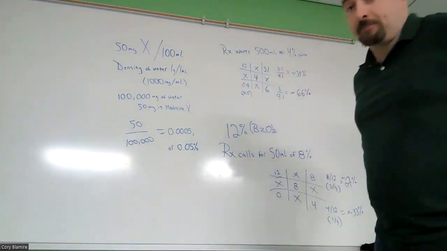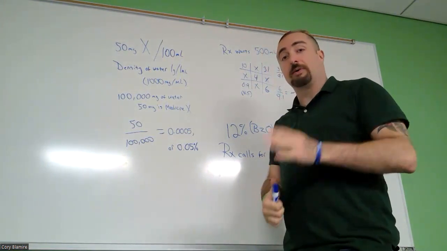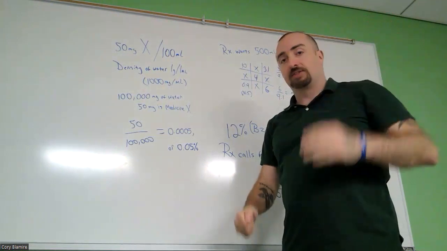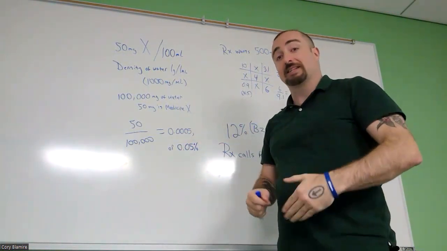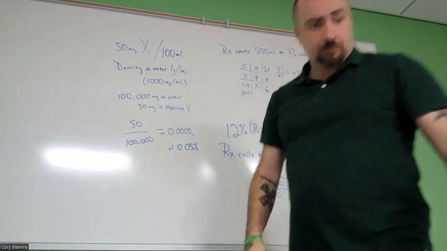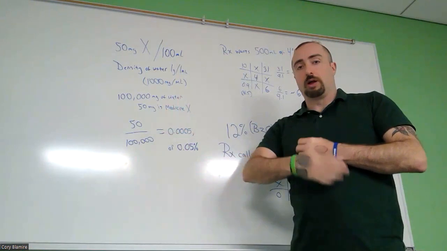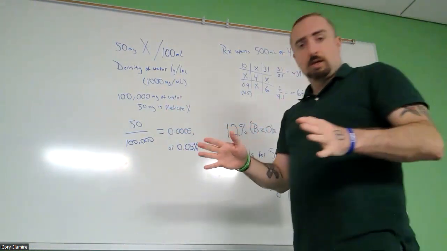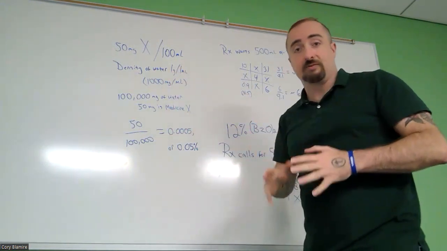This one you kind of just have to look at, and you kind of need to remember what we were told about the density of water, or any aqueous solution that is essentially close enough to water that we can assume it has the same density to within a 100th or 1,000th. We know it's 1 gram per 1 milliliter is the density of water.